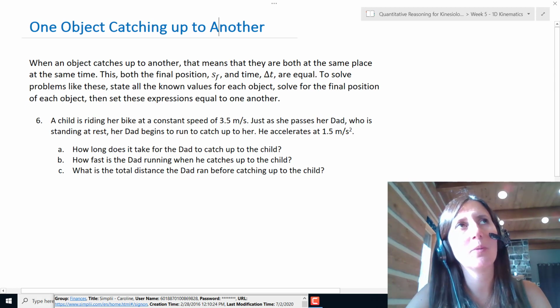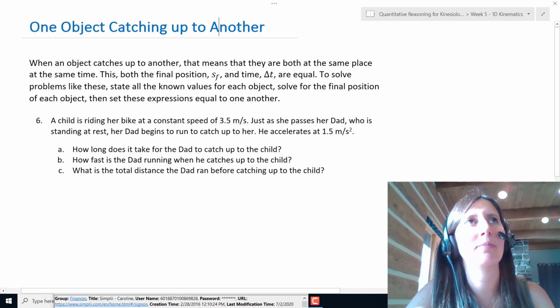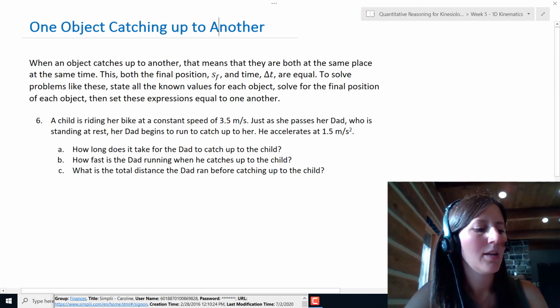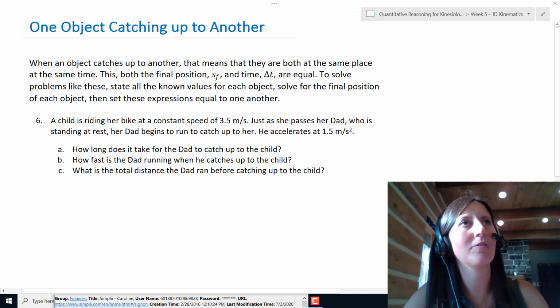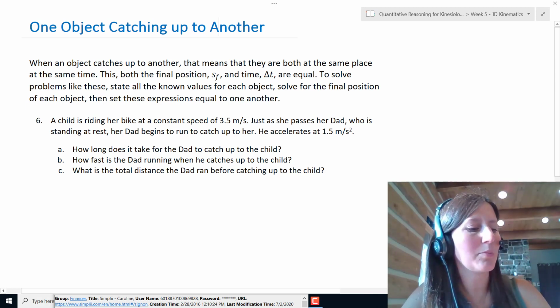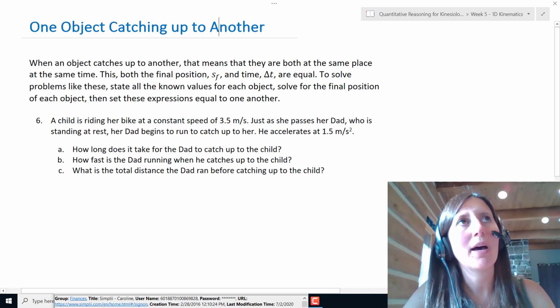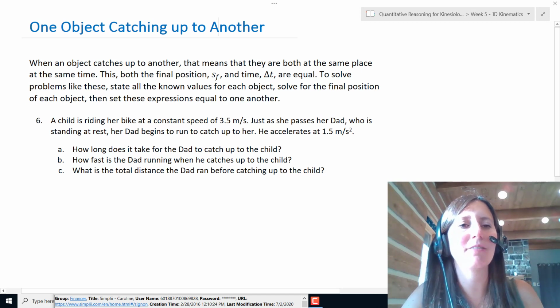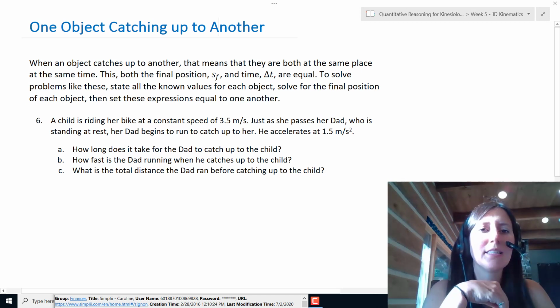Okay, a lot of people, when I ask that question, they say the final velocity is the same. But that's incorrect, because if the final velocity was the same, then the bike would still be ahead of the vehicle, because they would be moving at the same speed, but the bike was ahead of the vehicle to begin with, so then it would stay ahead of it. So it's not the final velocity.